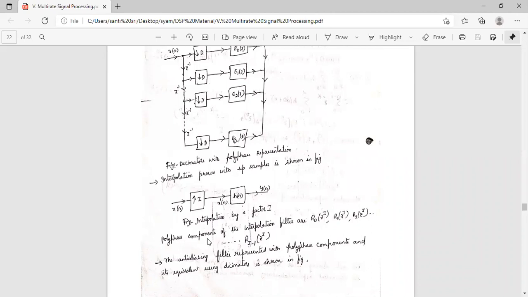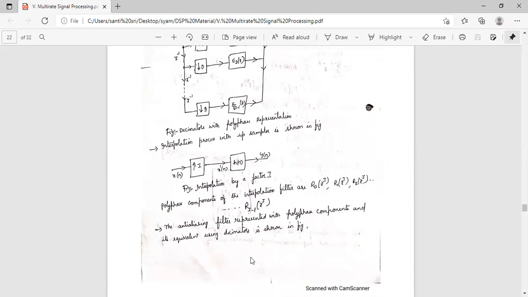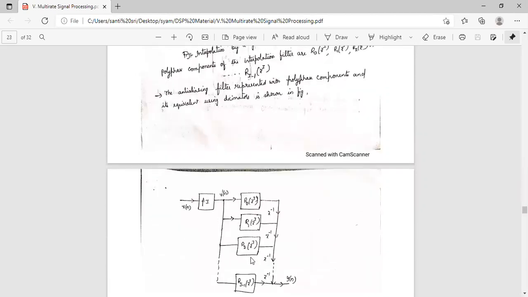The polyphase components of the interpolator filter are R0 into z power I, R1 into z power I, R2 into z power I, up to R I minus 1 into z power I. The filter represented with polyphase components and its equivalent is like this.